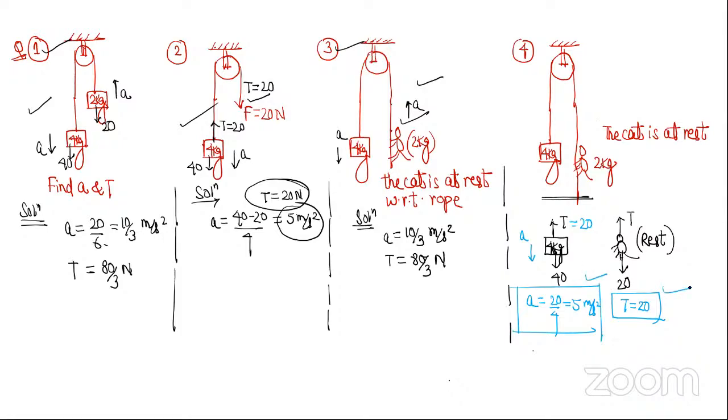Is it correct? This is the 4 kg block. This is the 2 kg cat.